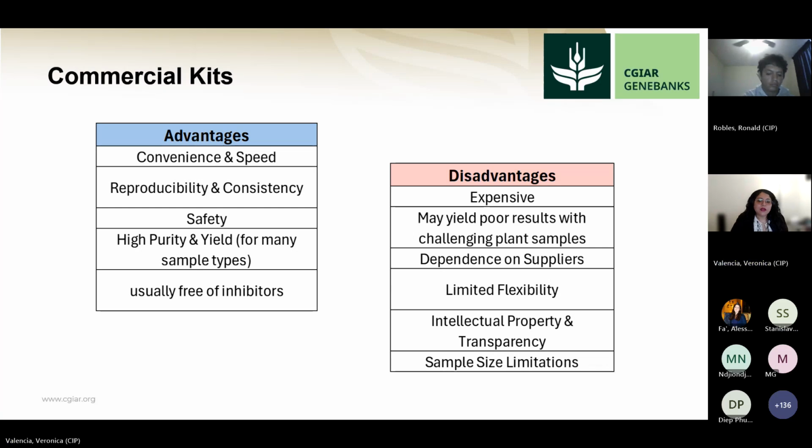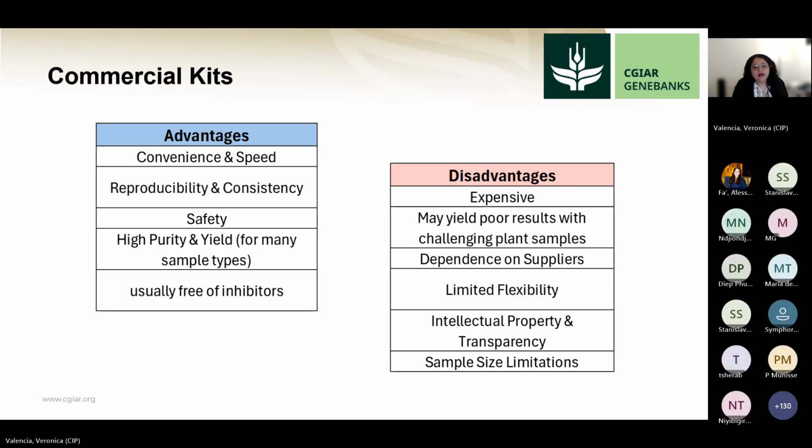So in contrast, we have the commercial kits. The big advantage is that it's very convenient and quite fast. The other thing is that it's reproducible and consistent. So every time you do it, it's going to produce the same results. And it's quite safe. It doesn't use many hazardous chemicals.